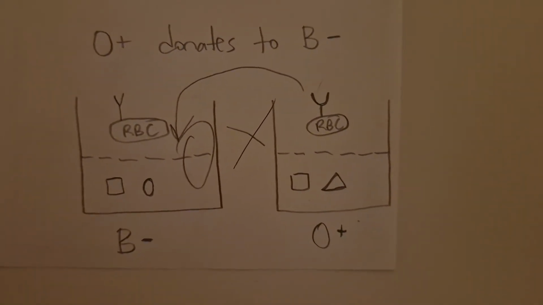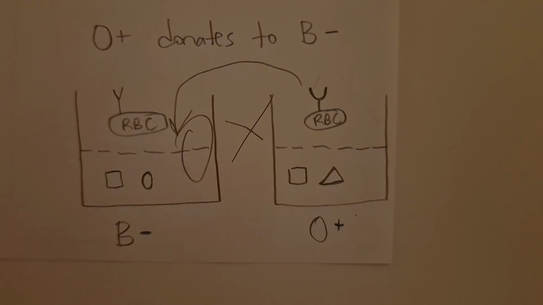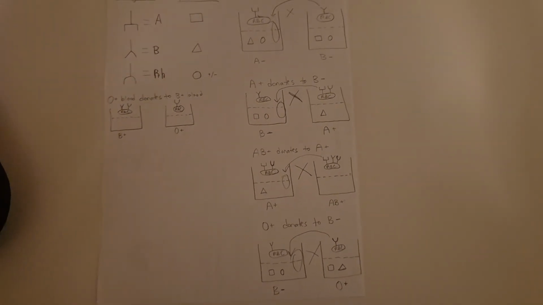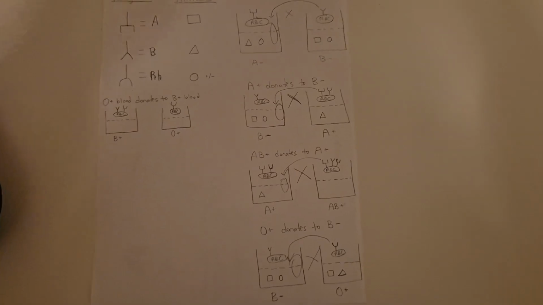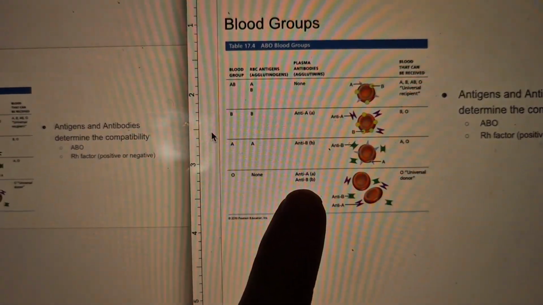So here's another example with O plus blood donating to B minus blood. So we line up our O plus blood with both antigens, and it's going to have both antibodies, as we can see right here.